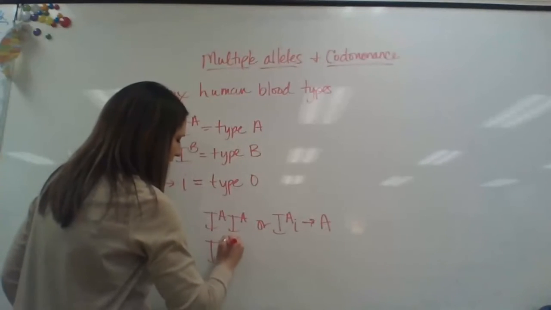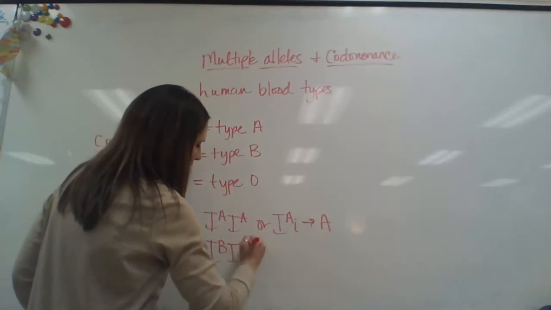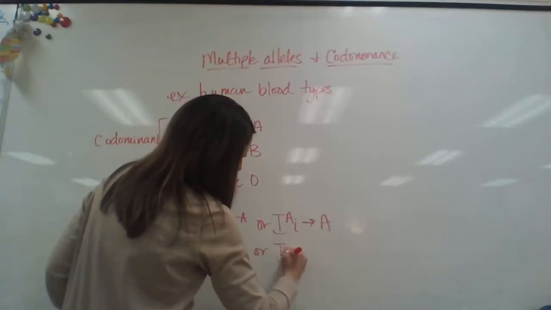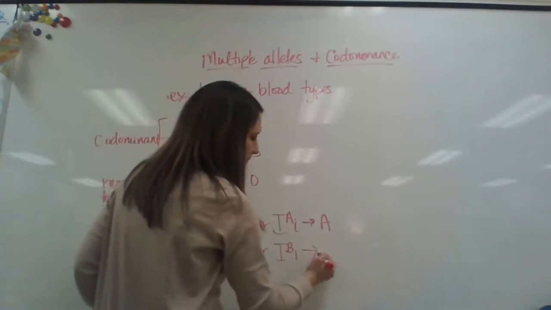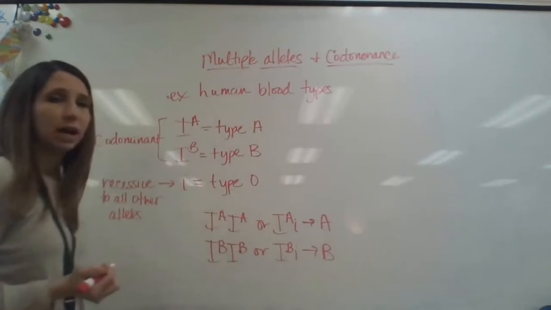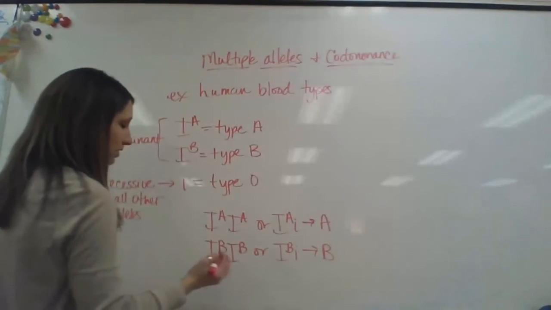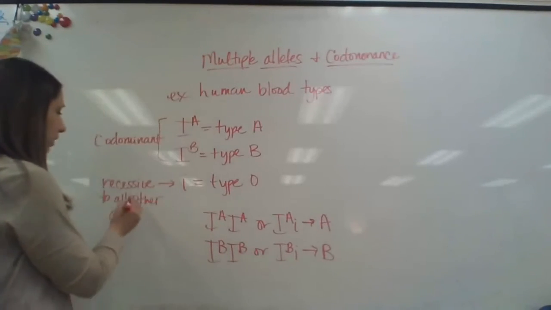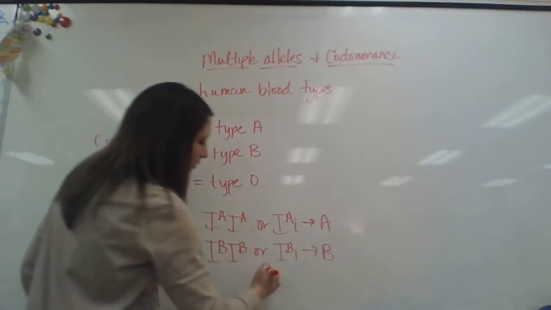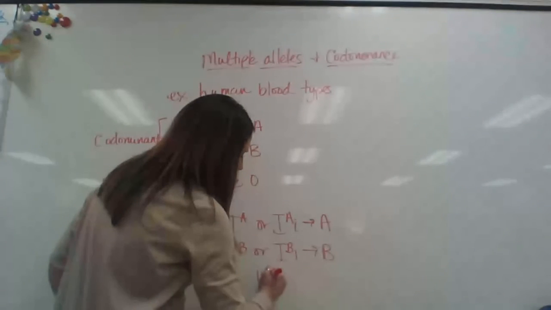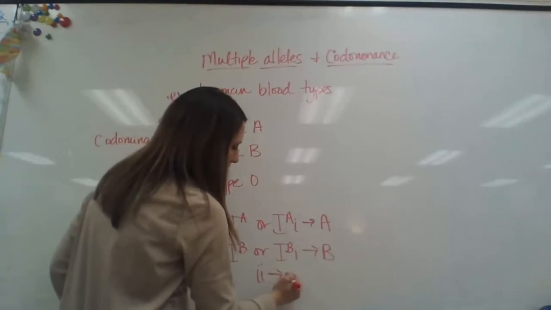Similar to that, if I have the same scenario with B, I'm going to have blood type B. I can do something very similar for blood type O in a way, right? I mean, O we know is recessive to everything else. So if you're a blood type O, your only real option is to be little i.